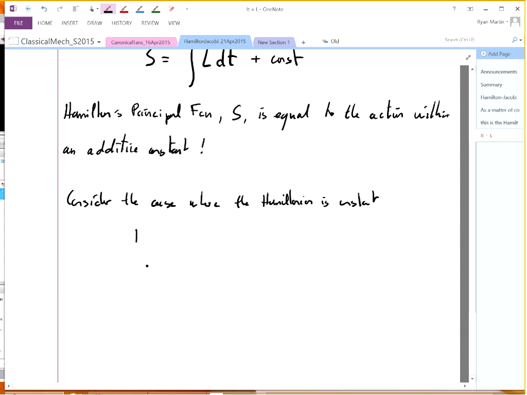So the Hamilton-Jacobi equation, which we write as H of Q_i, ∂S/∂Q_i, t, plus ∂S/∂t equals 0. So that's in general the Hamilton-Jacobi equation, right?